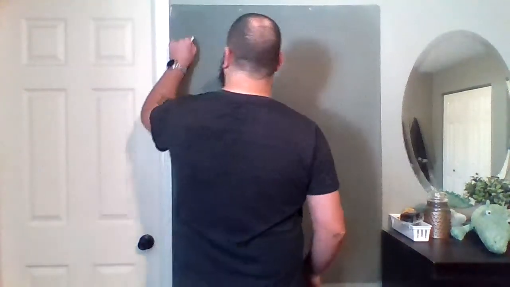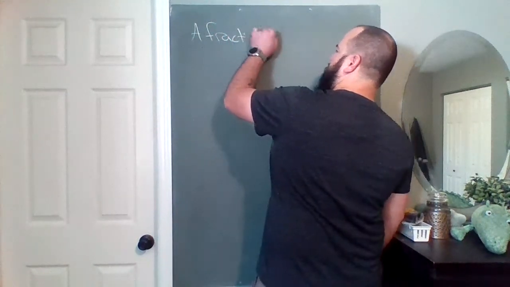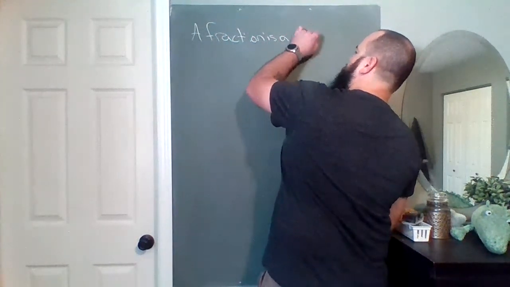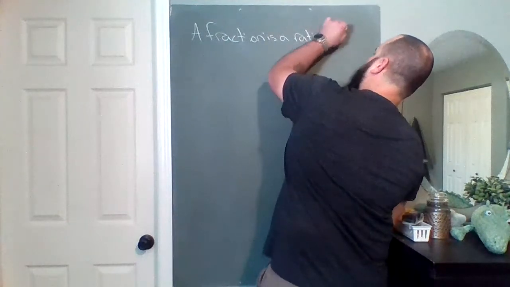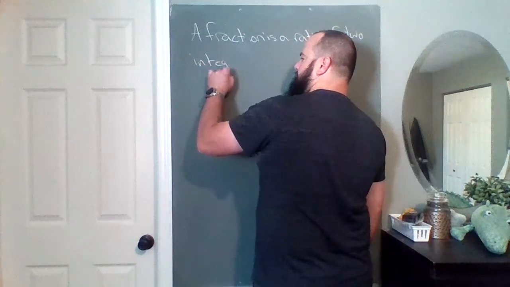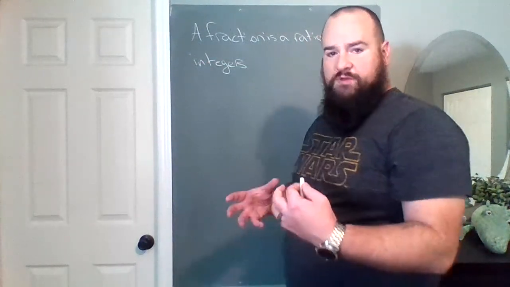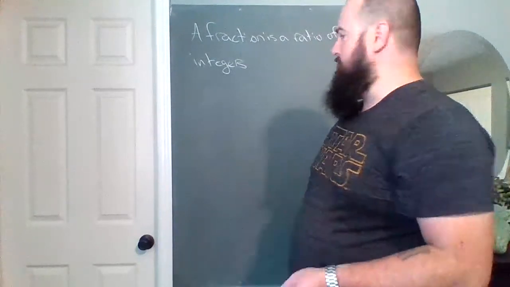Very simply, a fraction is a ratio of two integers. Integers are whole numbers, right? Positive and negative whole numbers.